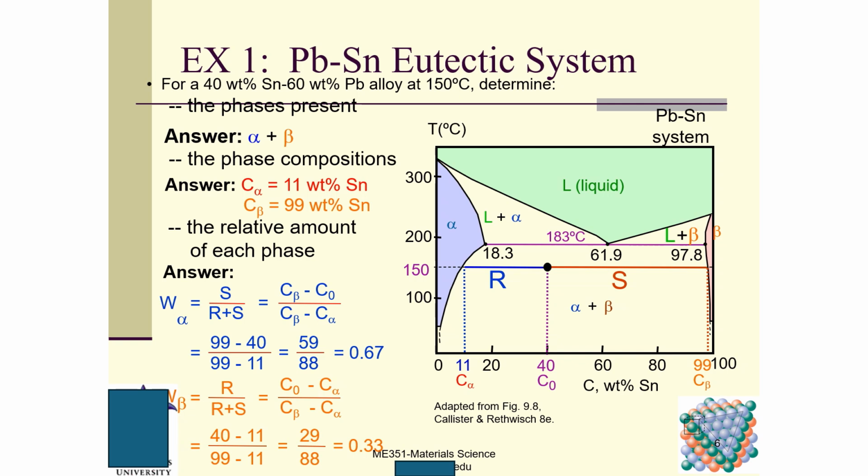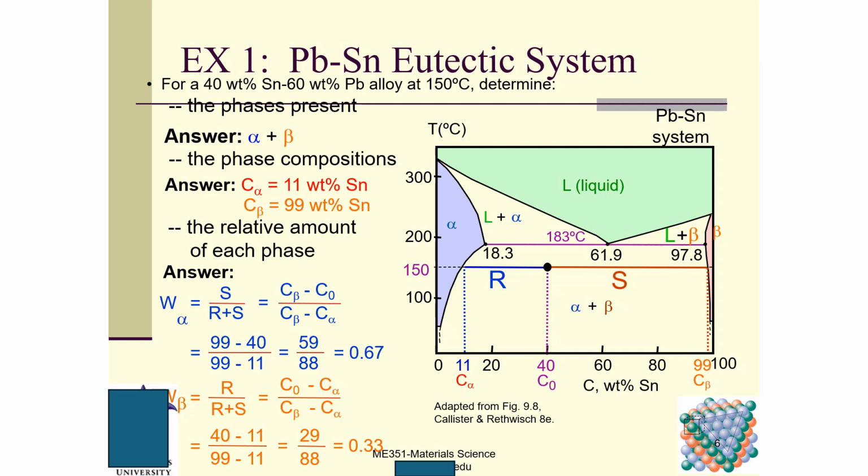That means for alpha, this one is the numerator, and we just plug in to get the weight percent. Similarly for the beta phase, we use this equation, but this time the numerator is the length of the arm to the left of the given point C0. Then we plug in the compositions, and we can calculate W alpha equals 0.33.